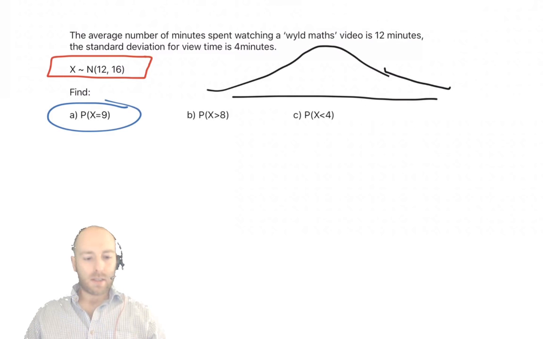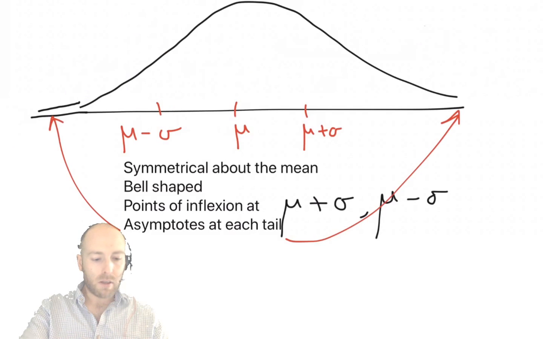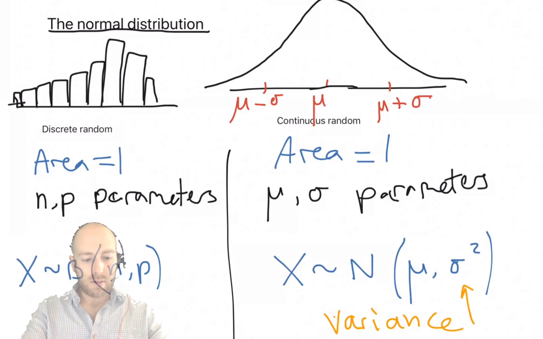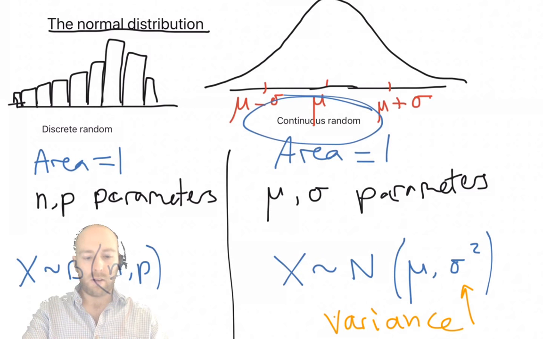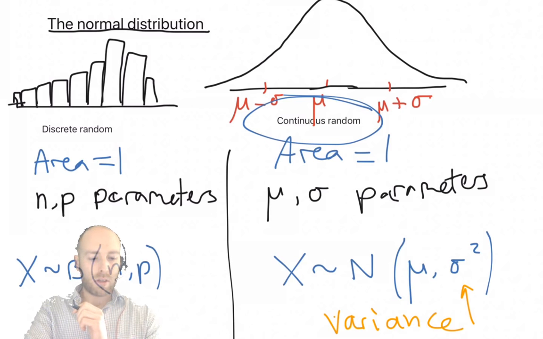Now, because, as I said a few slides ago, back at the beginning, we've got a continuous variable, it means that our variable can take any value within a given range.